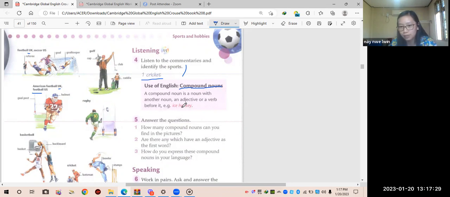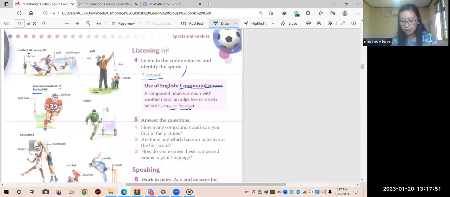Like ice hockey. That is a noun, that is a noun. So noun plus noun, compound noun, or adjective plus noun, or verb plus noun, compound noun. If there is more than one word, that is a compound noun. We can easily memorize it like that, right?